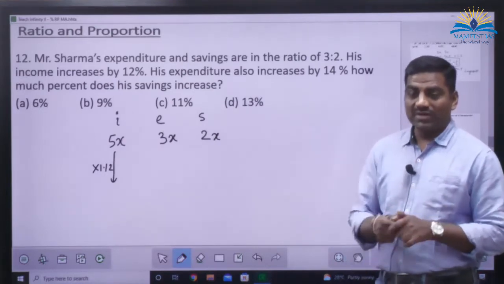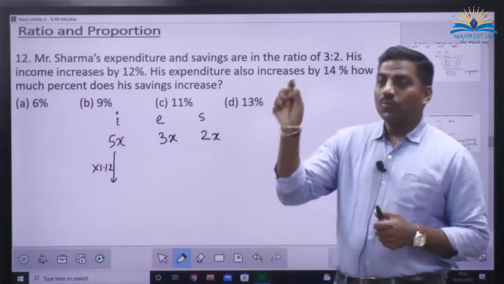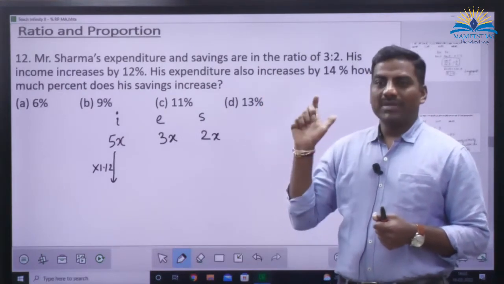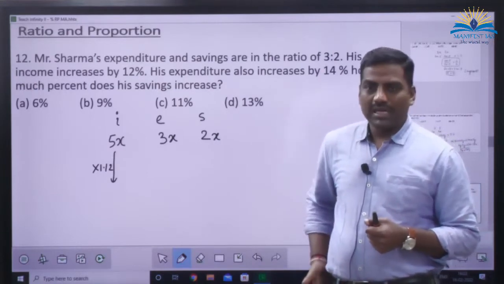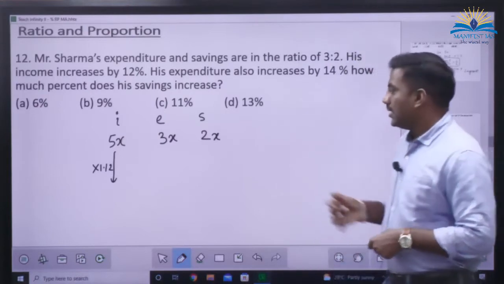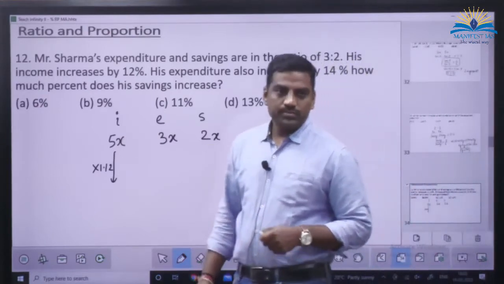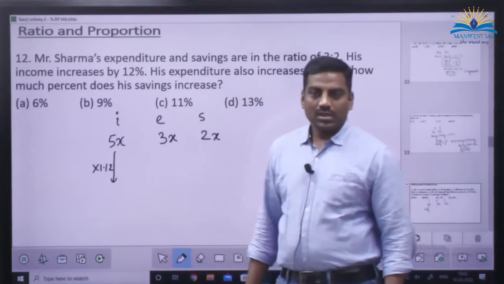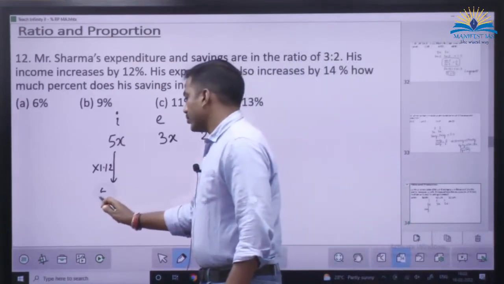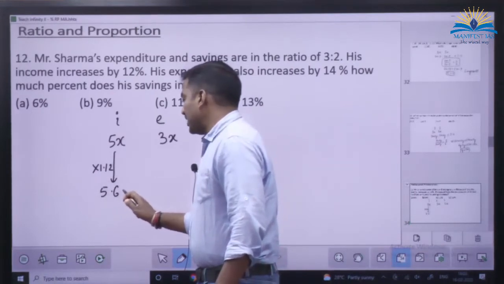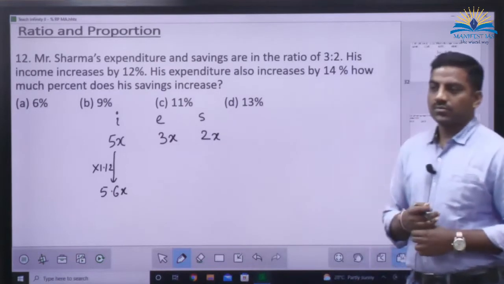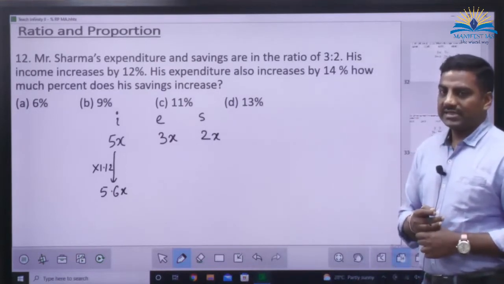Here 12%, whatever the percentage is given, you put it next to 1 point. So 5 into 1.12 is 5.6x. Makes sense?